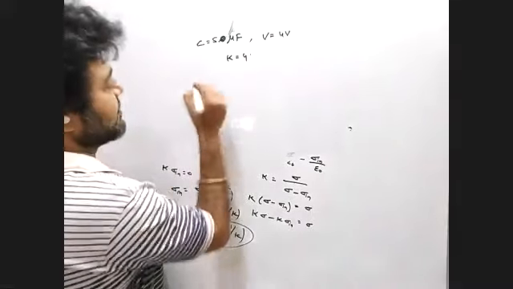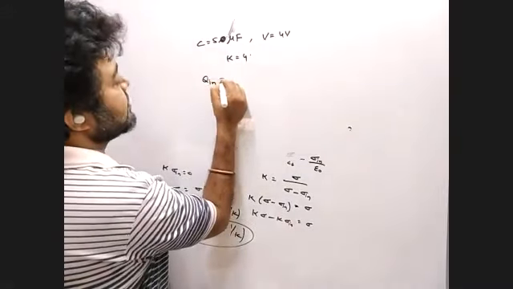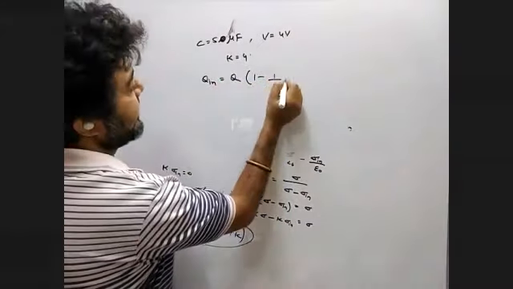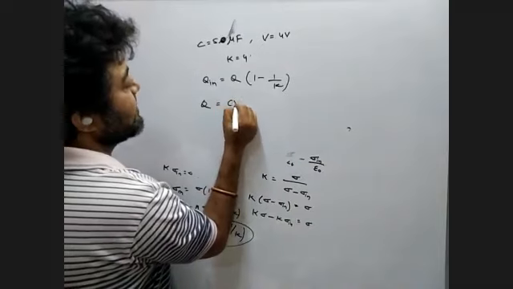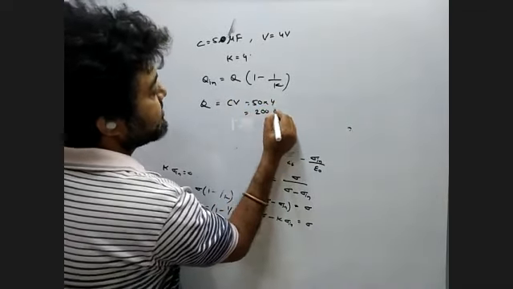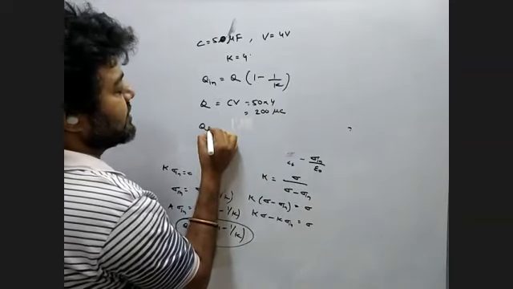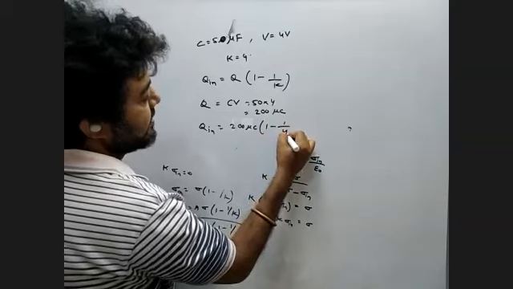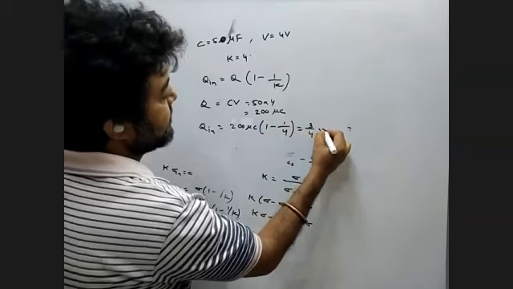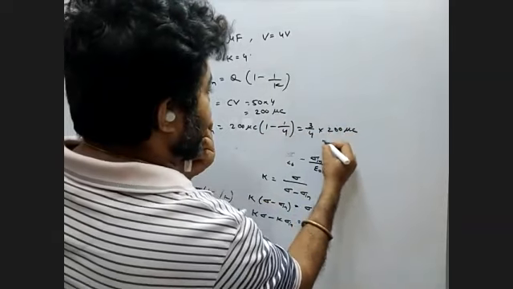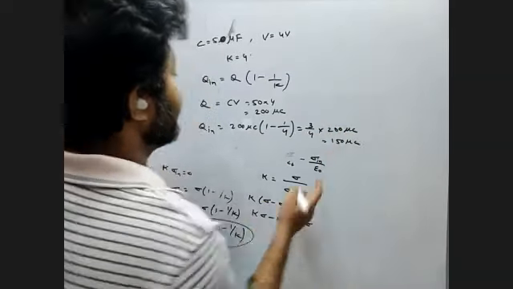So the charge induced on the slab, Q induced, is Q times (1 minus 1 by K). So Q is CV, that is 50 into 4, that is 200 microcoulomb. So Q induced is 200 microcoulomb times (1 minus 1 by 4), that is 3 by 4 into 200 microcoulomb, that is 150 microcoulomb in the slab.